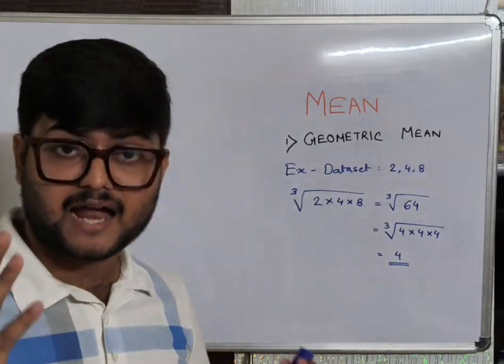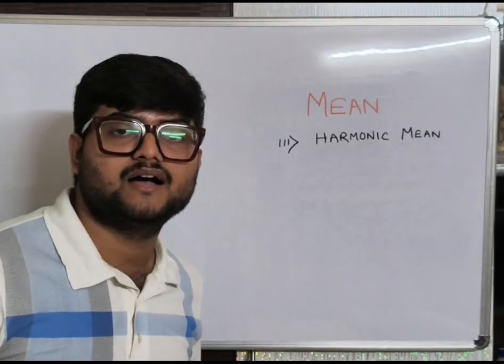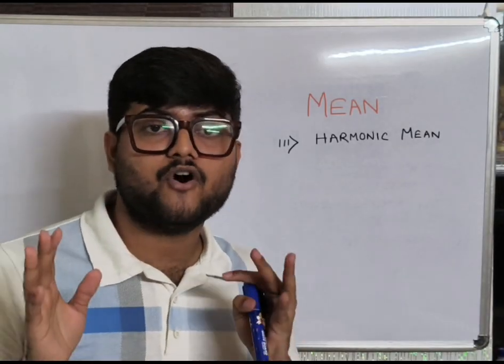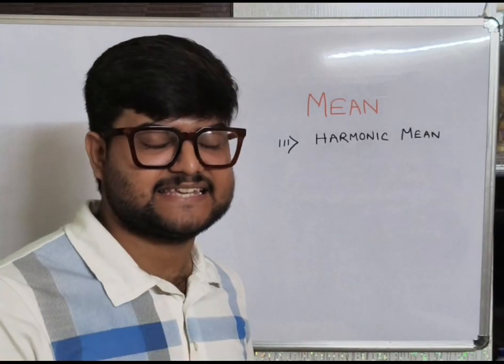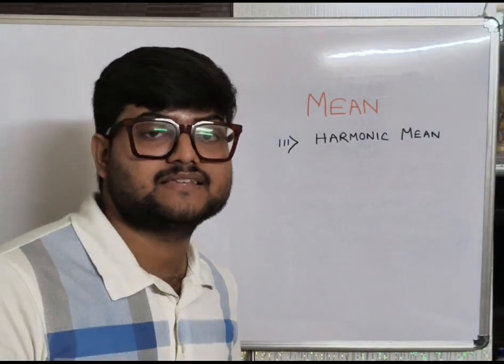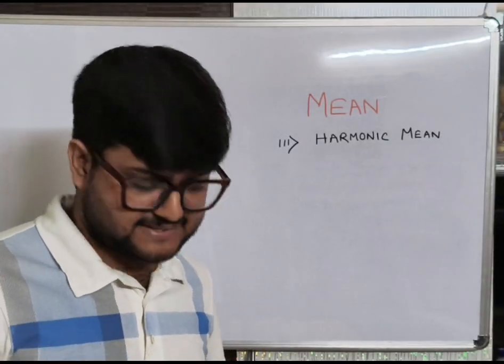Now we will understand the harmonic mean. The harmonic mean is also a type of mean. Here we sum up the number of observations in a data set and then divide that by the sum of the reciprocals of the values in a data set.